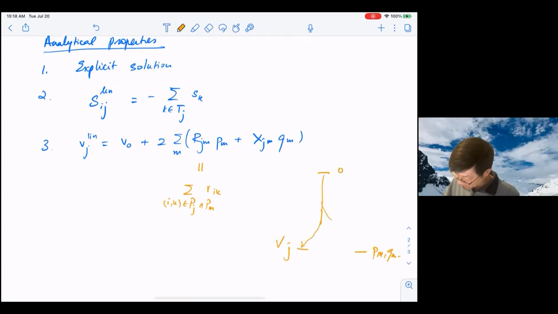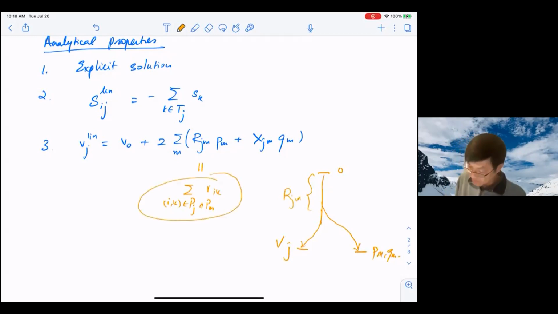There's a unique path from 0 to m. The sum of the resistances on the common path, that's R_jm. So you sum the line resistances on the lines at the intersection of the path from 0 to j and from 0 to m.